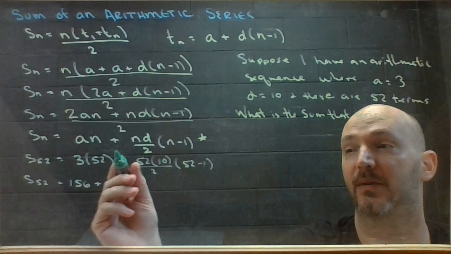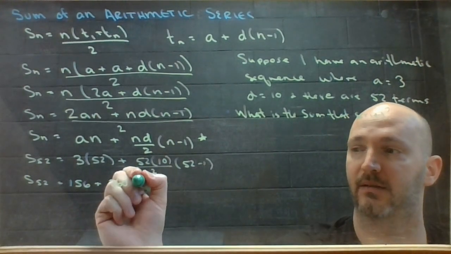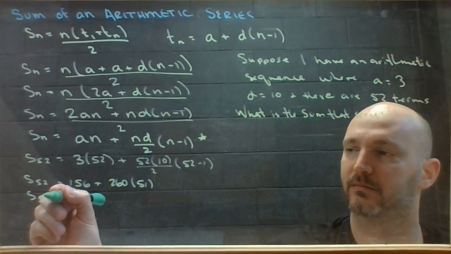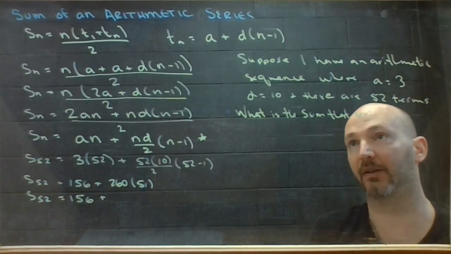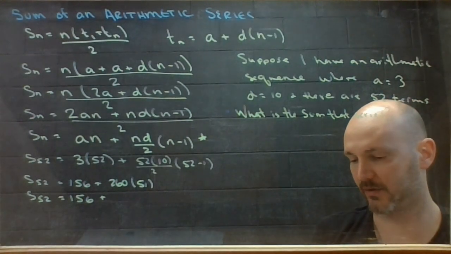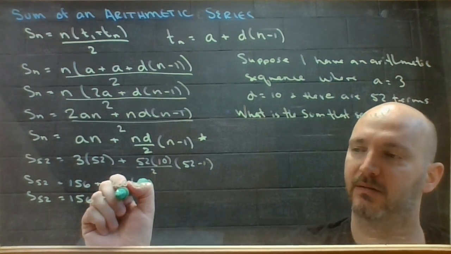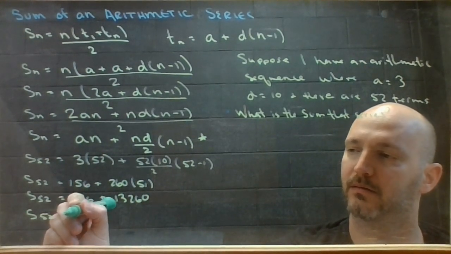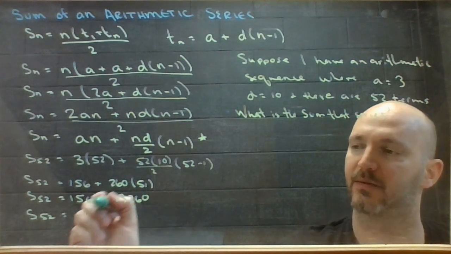Cut in half is 260. Yes, multiplied by 51. I'm going to get the calculator for that because I don't trust my brain this morning. 13260. And that plus 156 gives you 13,416.